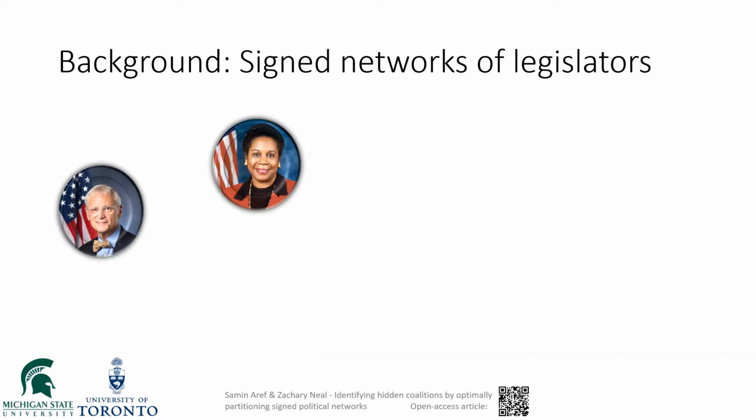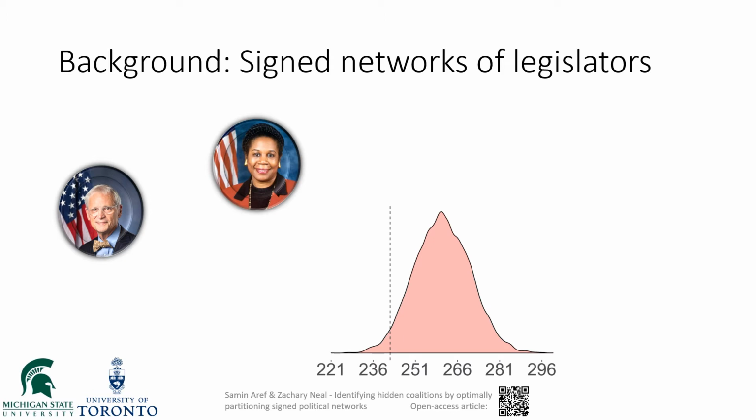In the sign networks of legislators that we create, nodes represent the legislators. So here we have two members of the House of Representatives, Earl Blumenauer and Sheila Jackson Lee. For the edge between these two legislators, we look at the number of bills they have co-sponsored together.